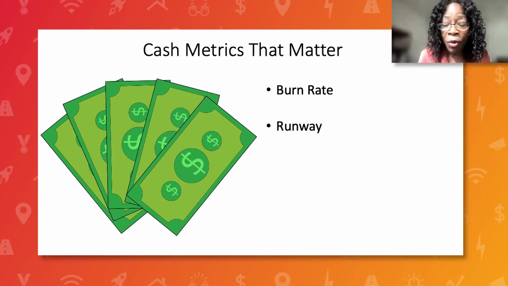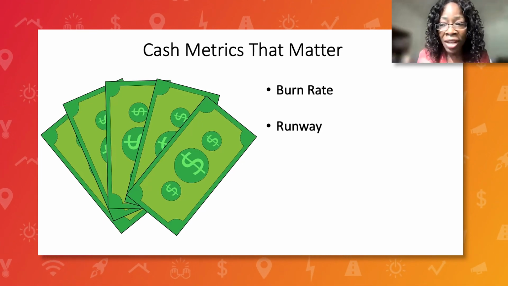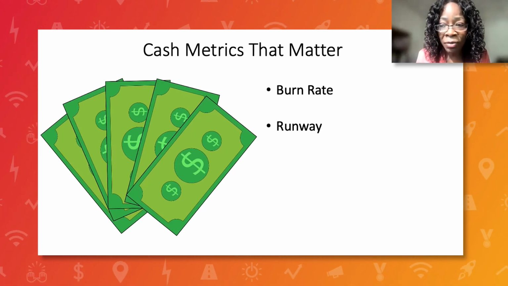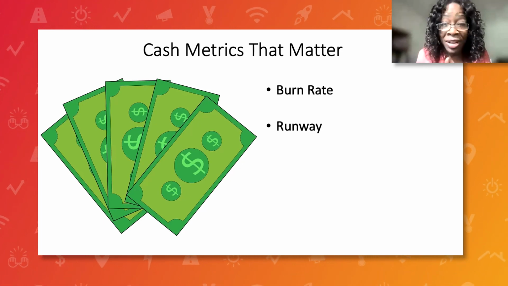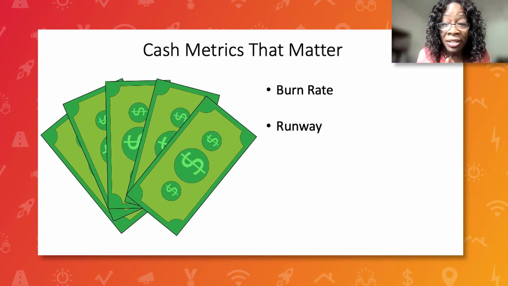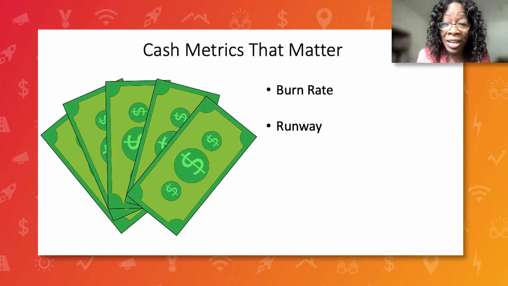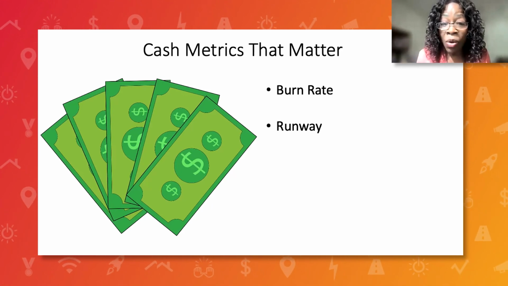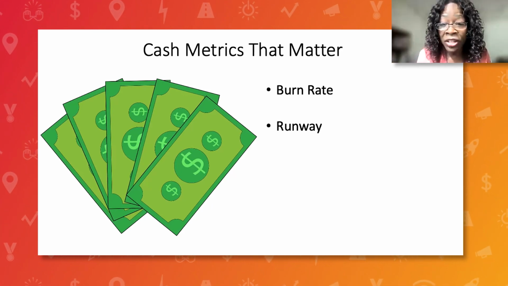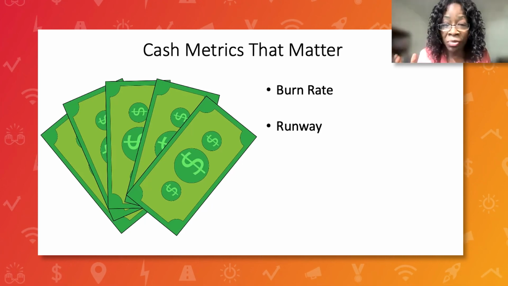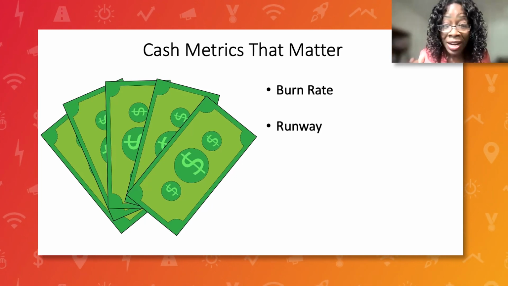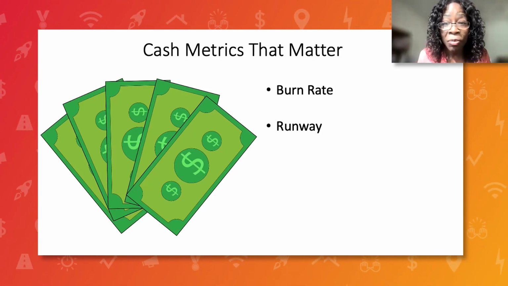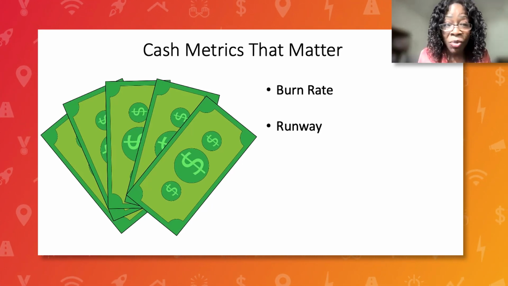So for example, say you have $100,000 and your burn rate was $10,000 per month. That would mean your runway is 10 months, because you're going to run out of money. In 10 months, you're going to need more cash. So obviously, if your burn rate is $20,000 per month, you're going to run out of money in 5 months, and that's pretty fast. So it's really important to understand your burn rate and your runway.